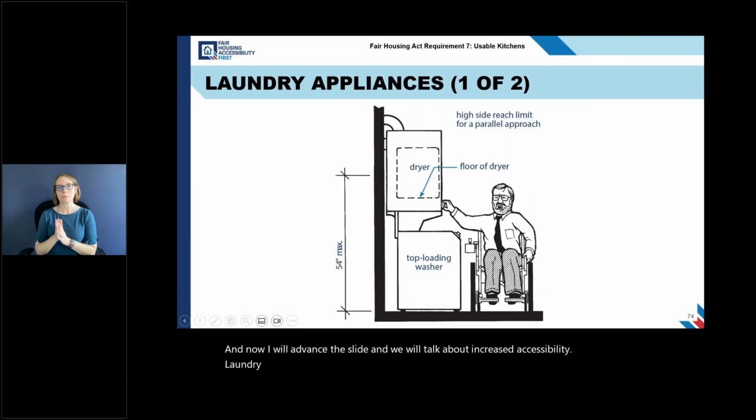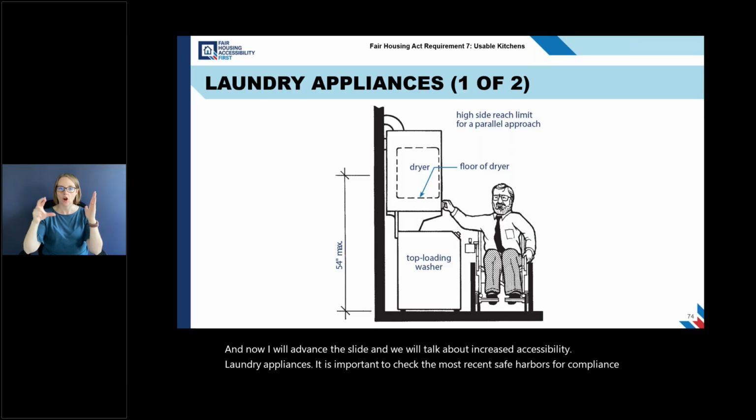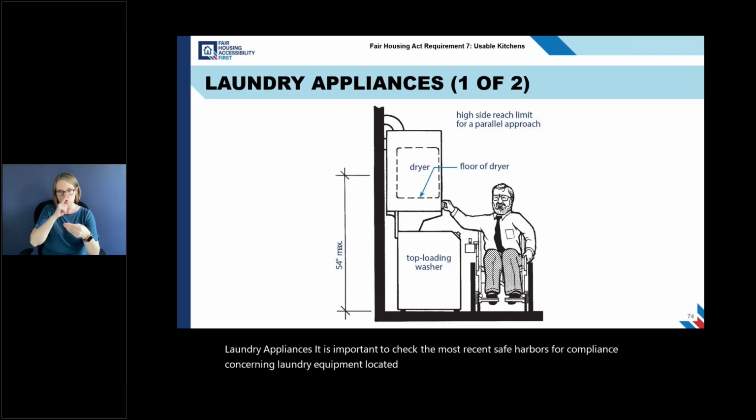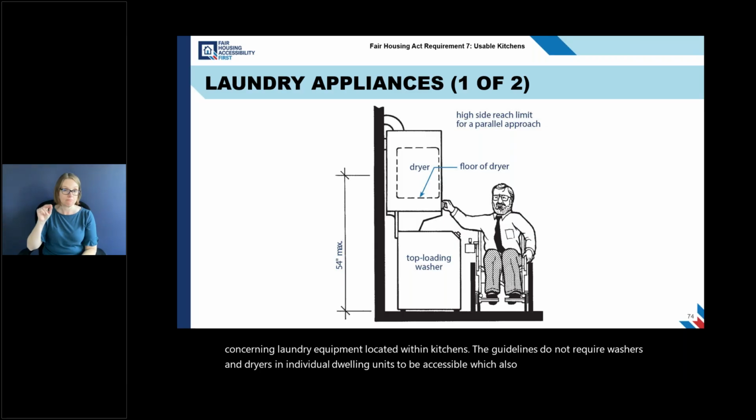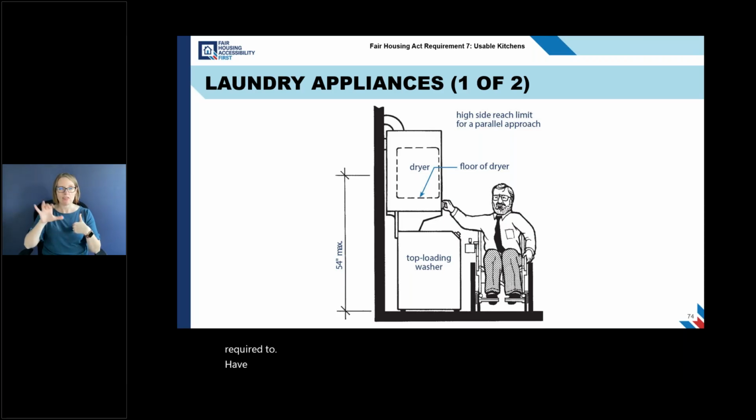Laundry appliances. It is important to check the most recent safe harbors for compliance concerning laundry equipment located within kitchens. The guidelines do not require washers and dryers in individual dwelling units to be accessible, which also means that they are not required to have 30 by 48-inch parallel clear floor spaces positioned in front of them.